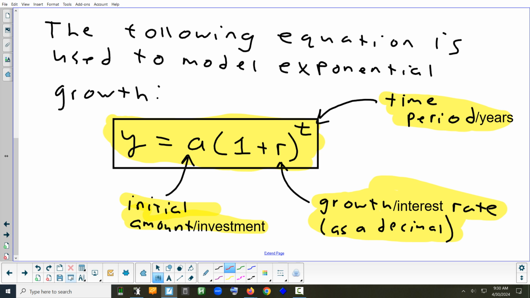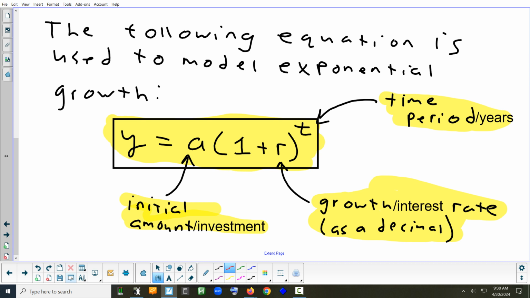It could be an initial amount of money. Let's say you're opening a bank account and you put $200 in on the first day. That's an initial investment, the initial amount of money you put in the bank account. R is what we call the growth rate. In a banking problem, they refer to it as the interest rate.